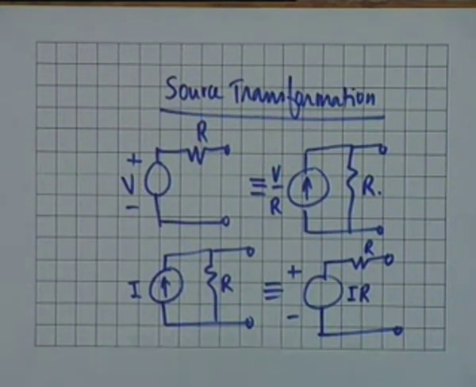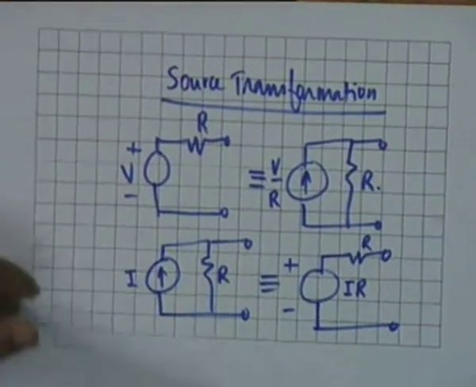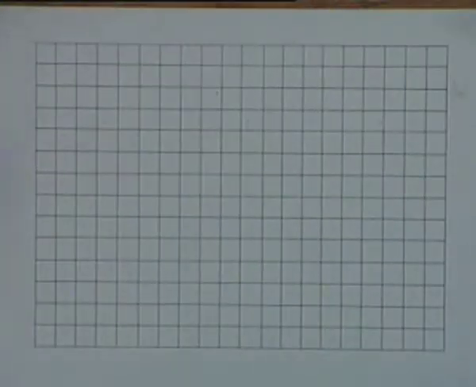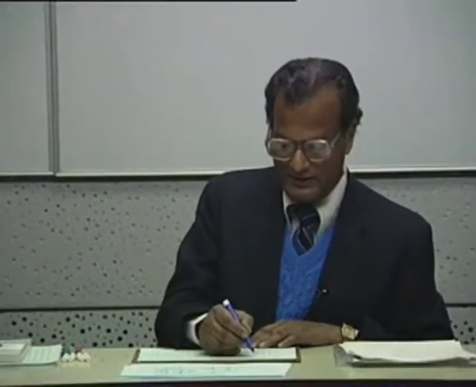You don't have to write either the branch formulation or the loop formulation or node analysis. You don't have to do any of them. Simple source transformation and common sense, of course, are enough to solve the network. Let's take an example to show how source transformation enables you to solve a network.